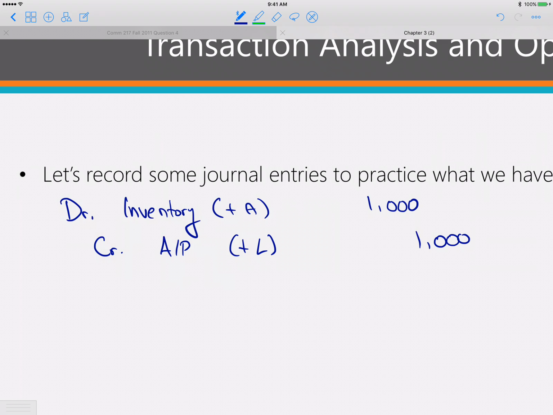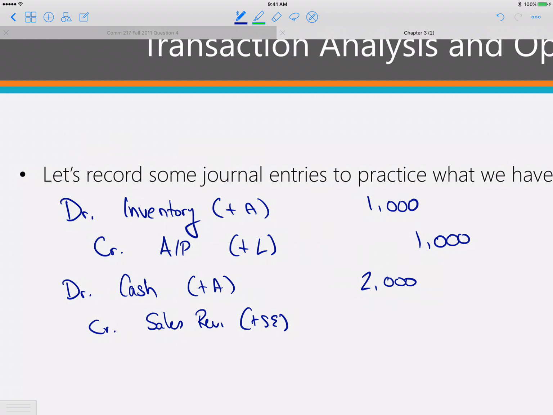Now we have sold it for cash for $2,000. So first we record the receipt of cash. So we debit cash for $2,000. We credit sales revenue, which is an increase in shareholders' equity, by $2,000.